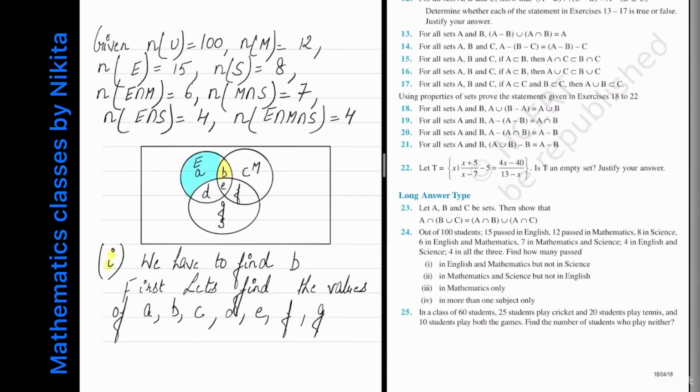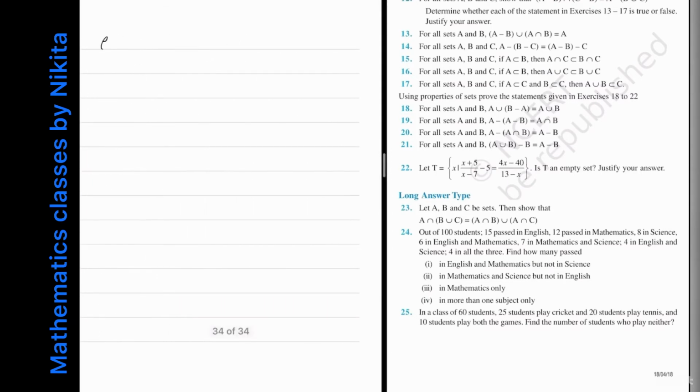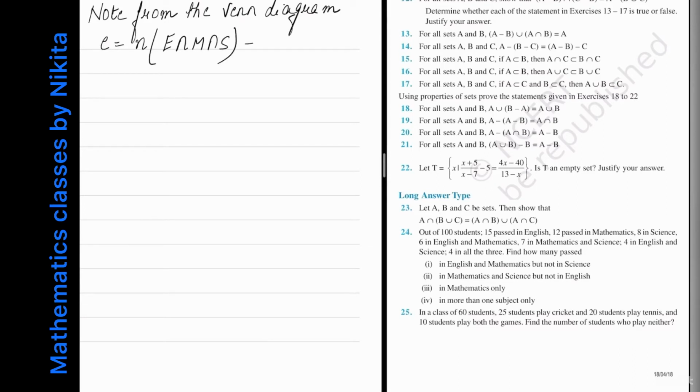E is the number of students who have passed all the three subjects. So note from the Venn diagram that E is equal to the number of students who have passed English, maths as well as science, which is given to you. It is given to be 4.